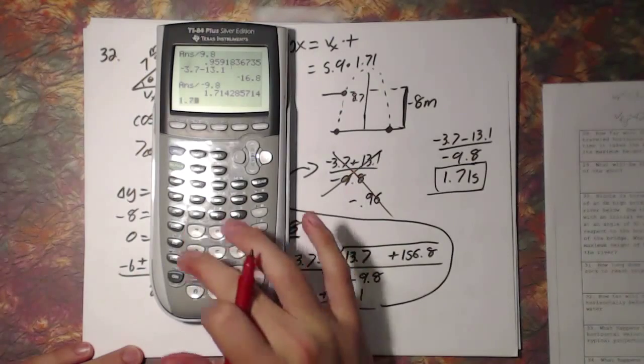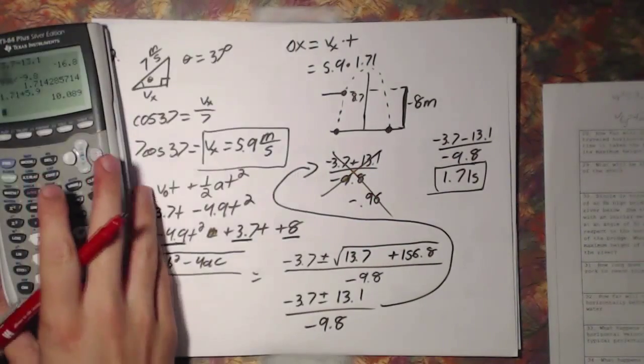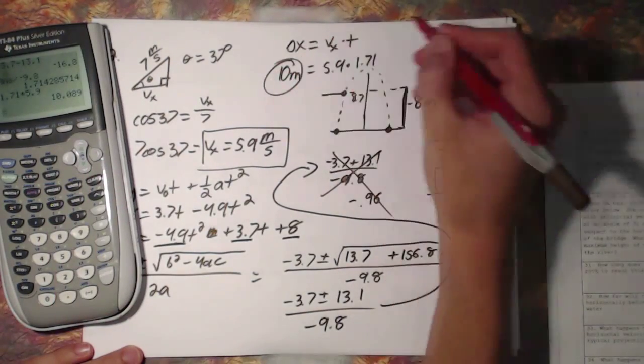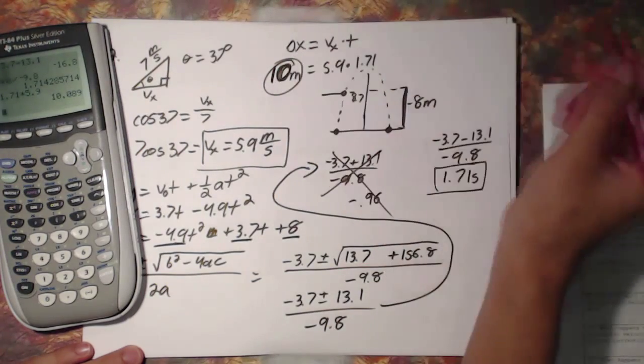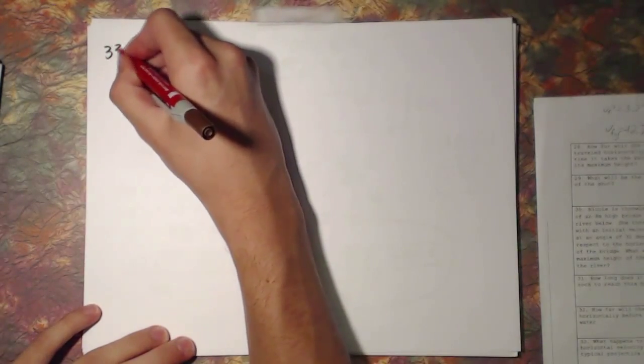So 1.71 times 5.9 is going to equal 10 meters. Holy crap, that's one heck of a problem. 10 meters.